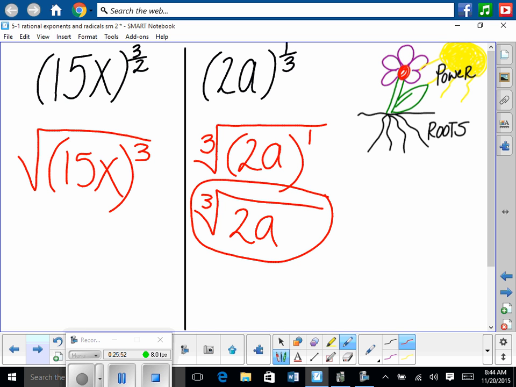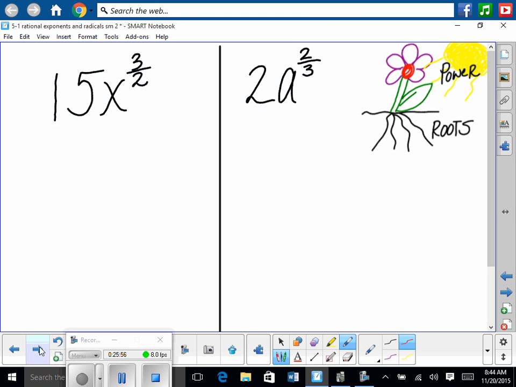Okay, a little bit more advanced here. Careful. Everybody, hopefully this will help click in your mind. Is 15 and x both raised to the 3/2 power? No. What's raised to the 3/2 power? Just x. So really what we have is 15 times x to the 3/2 power, right?